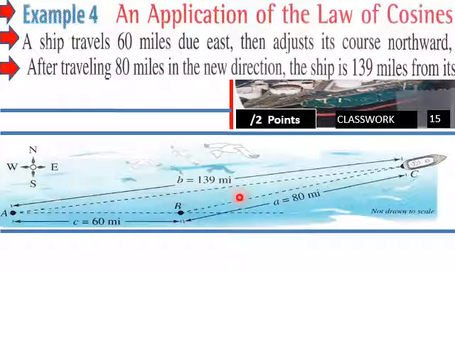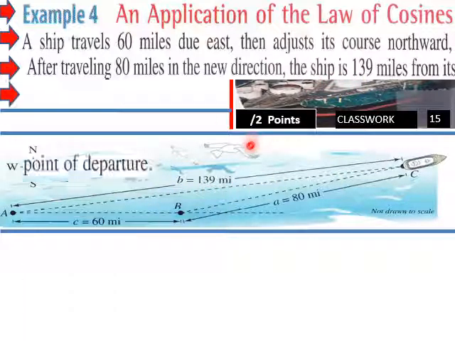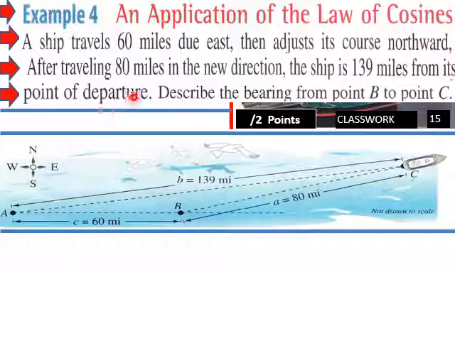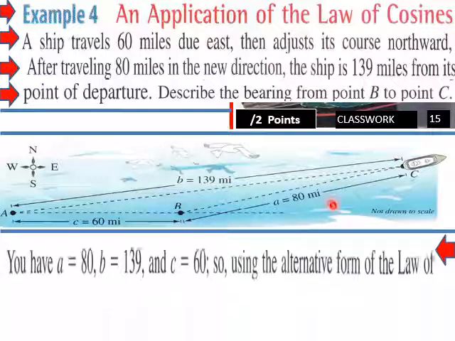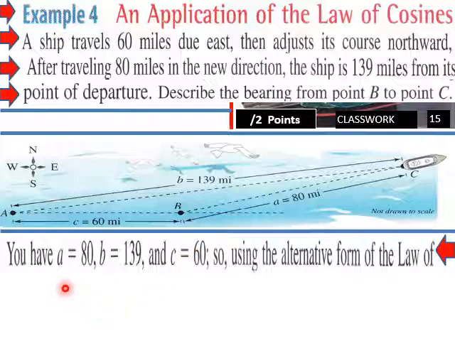After traveling 80 miles in the new direction, the ship is 139 miles from its point of departure. Describe the bearing from point B to point C. So we need a description of that.